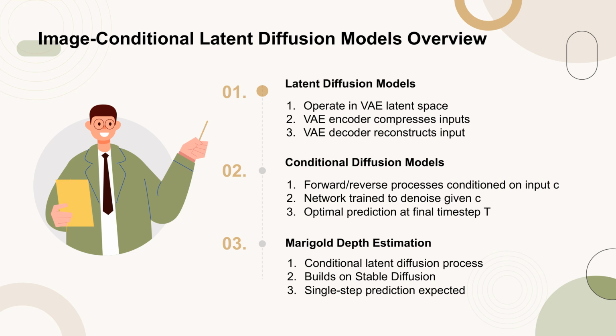The network is trained to denoise the input based on this condition. Marigold, a model for depth estimation, utilizes a conditional latent diffusion process, building upon pre-trained models like Stable Diffusion. It is expected that Marigold's single-step prediction will yield a sensible, albeit blurry, depth map.